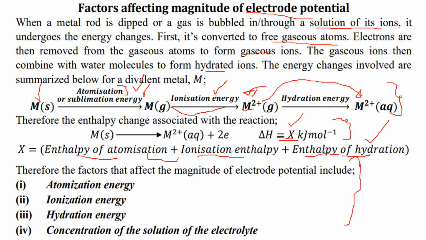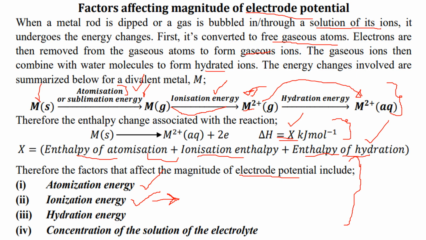So here we are going to be looking at the factors that are going to be affecting the magnitude of our electrode potentials. First, we have said that one of them is going to be atomization energy. The metal electrode is first atomized. After being atomized into gaseous atoms, the gaseous atoms are converted into gaseous ions, and that's what we call ionization energy. We looked at this under periodicity in inorganic chemistry.